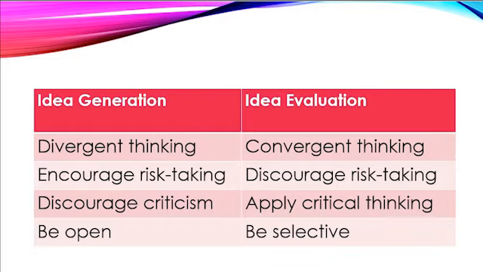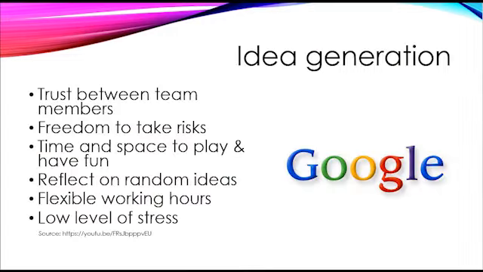So let's go back then to this slide. So we talk about environments that companies like Google and Apple create for their employees to generate ideas. Trust is important when we're generating ideas, but when we're selecting ideas, we need tolerance. We need tolerance of diversity.